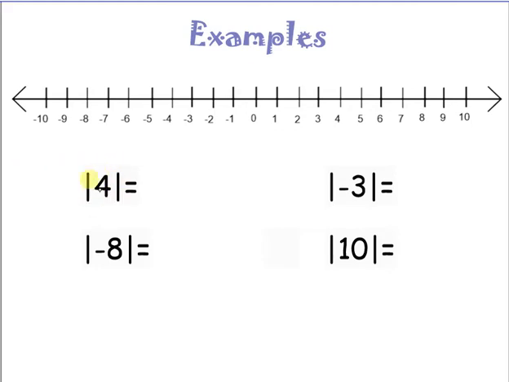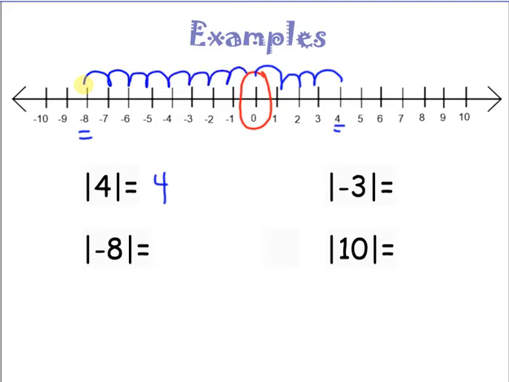What is the absolute value of 4? Well, I'm going to go ahead and just circle 0 on my number line because, again, that's the most important number. So here's 4. What's the absolute value of 4? 1, 2, 3, 4. So the answer is 4. What's the absolute value of -8? It's going to be 1, 2, 3, 4, 5, 6, 7, 8.